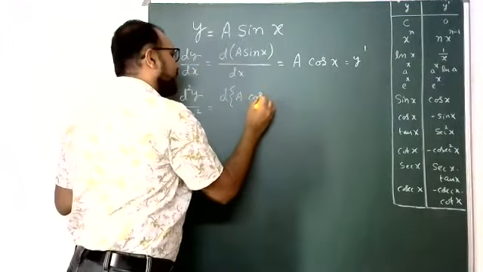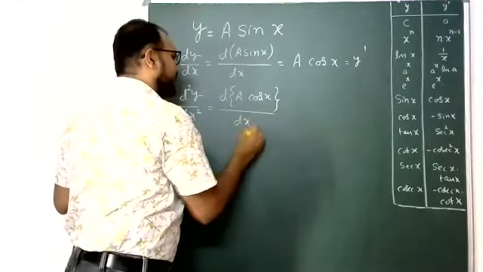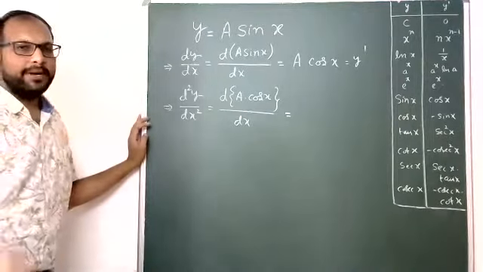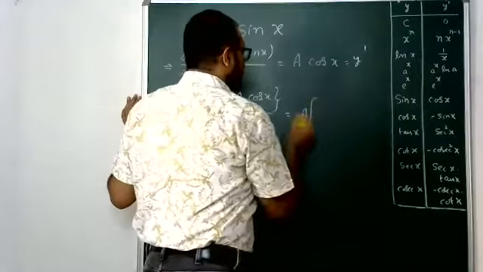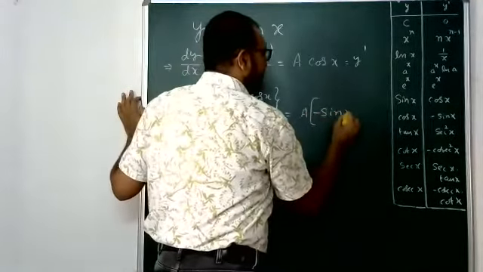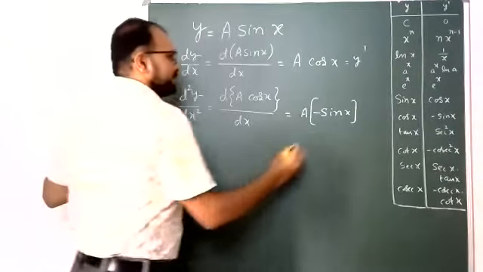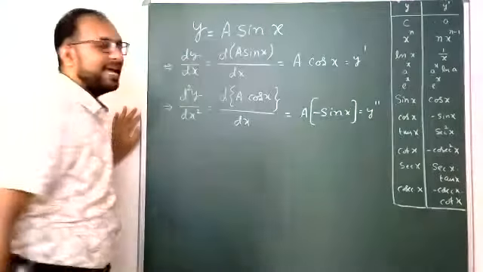So a cos x with respect to x. Again rule number 1: constant outside, and the derivative of cos x is minus sin x. So finally the second derivative, that is y double prime, is minus a sin x.